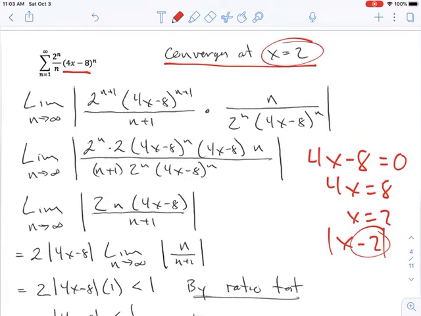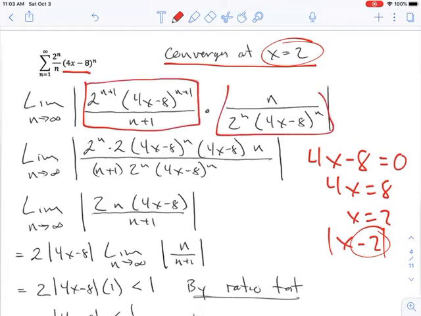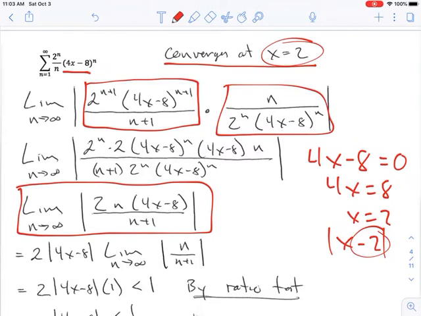So let's do the ratio test. And here is the a sub n plus 1 divided by a sub n, or times the reciprocal of it. Simplifying everything, we end up with this. Once again, we can bring out the variables.